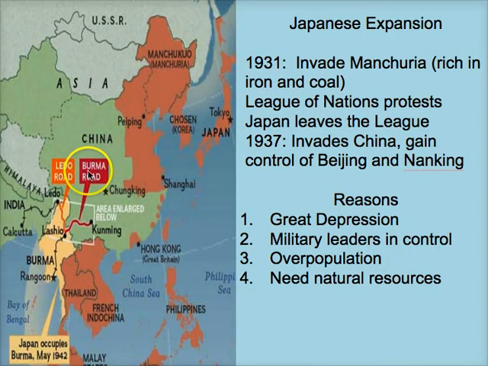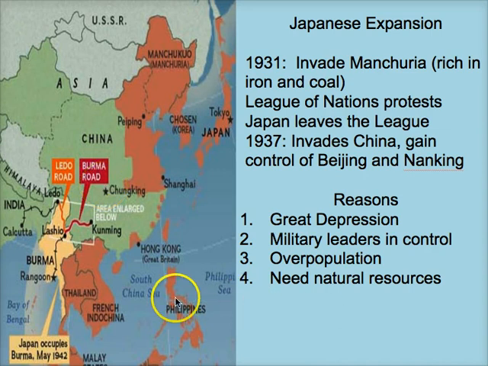In 1937, Japan invades mainland China. Now remember, China at this time is involved in a civil war. You have the nationalists, who are situated on the coast, and by this point, by 1937, the communists under Mao have done the Long March, and they are in central China.